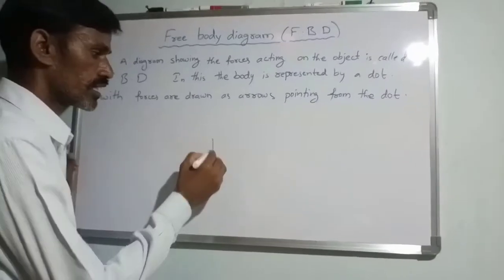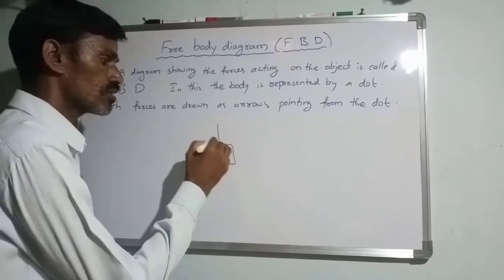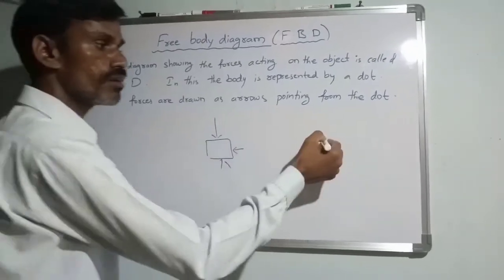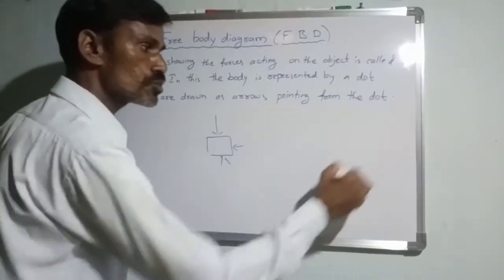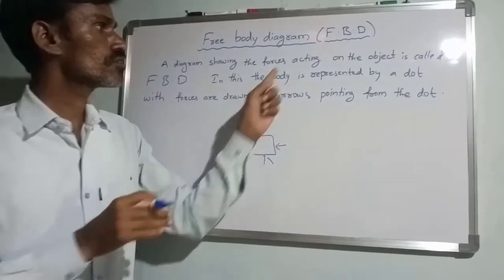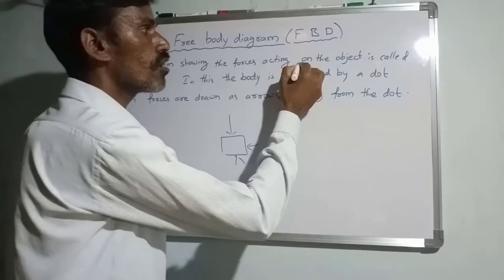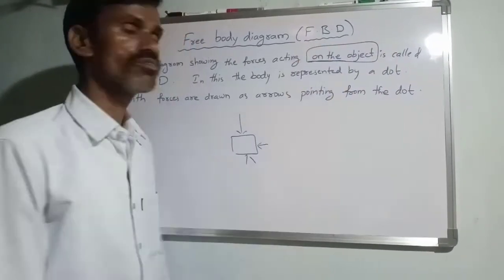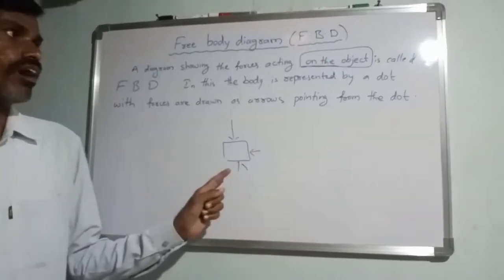So if we take an object, some forces are acting on it. Now we draw a diagram, and the diagram shows all the forces acting on the object. This is most important: all the forces acting on the object.